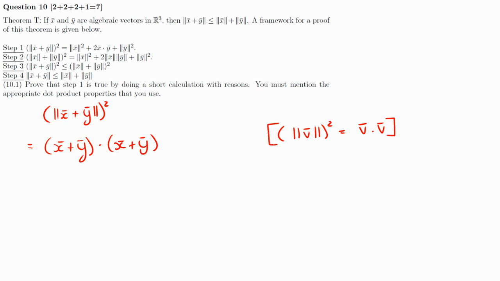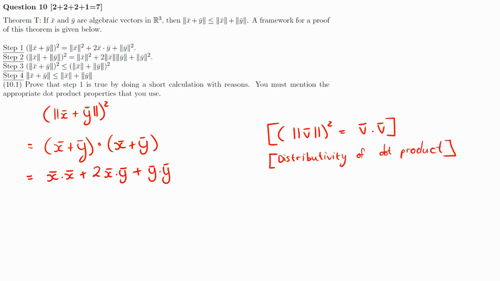Okay, and then next they just distributed everything by using FOIL basically. So x dot x plus 2x dot y plus y dot y. Okay, and they use the distributivity of dot product.